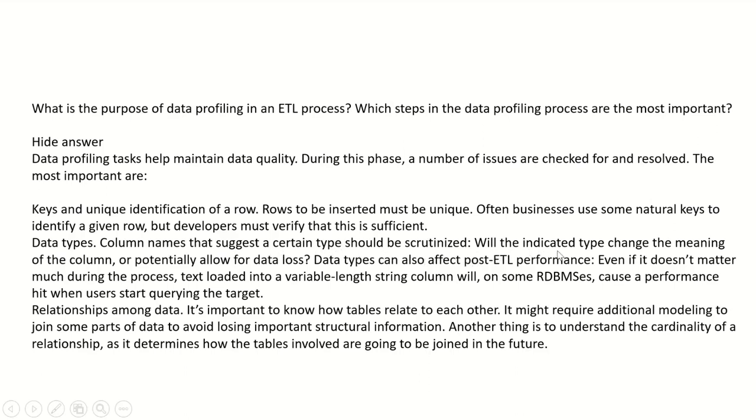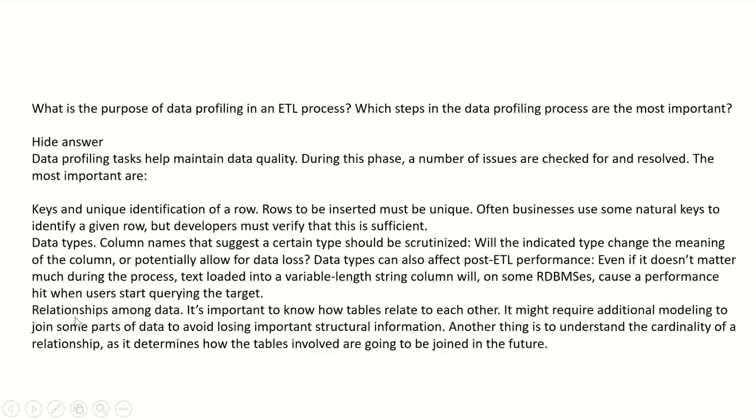Will the indicated type change the meaning of the column or potentially allow for data loss? Data types can also affect post-ETL performance. Even if it doesn't matter much during the process, text loaded into a variable length string column will on some RDBMSs cause a performance hit when users start querying the target.